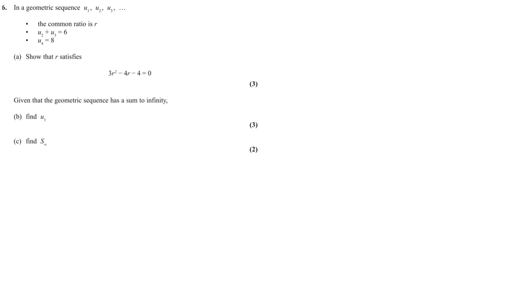So let's have a little look at it. It's a geometric series, so it goes AR, AR squared, AR cubed, and so on. So the second term, U2, is AR, and the third term, U3, is AR squared, because it's AR to the n minus 1, and U4 is AR cubed.